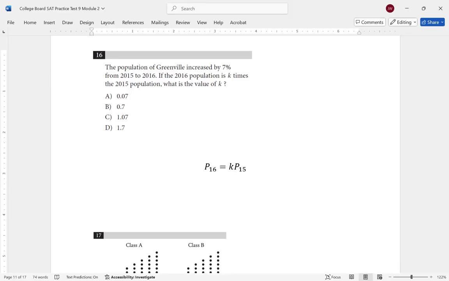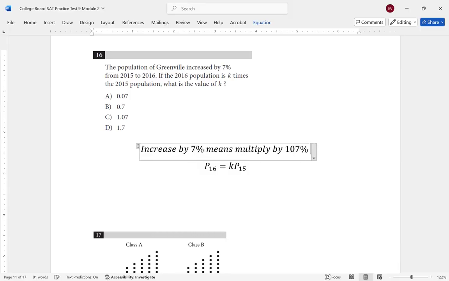Well, an increase by 7% means a multiplication by 107%, which as a decimal is 1.07.